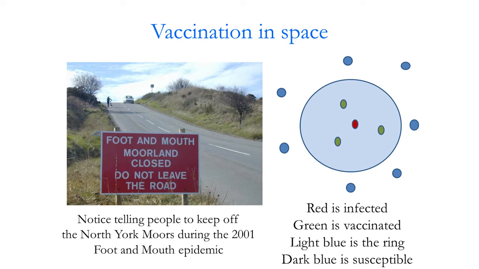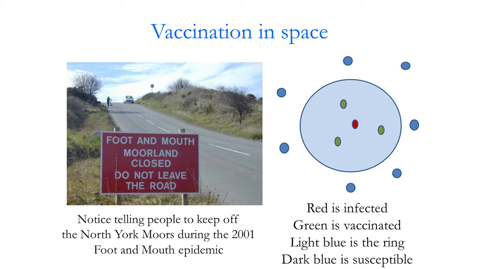Vaccination was not used during the 2001 outbreak because it wouldn't have been possible then with the resources that were available. But I believe it's now the case that contingency plans for any future foot and mouth outbreak are going to use vaccination as part of the strategy, and they're going to use this ring approach here. There we have red is infected.